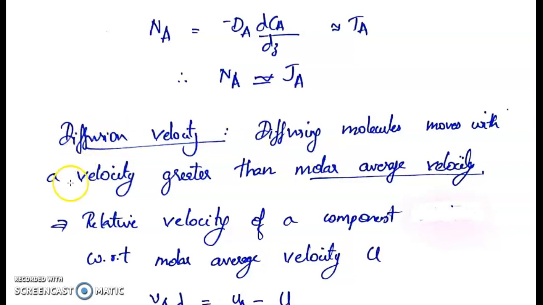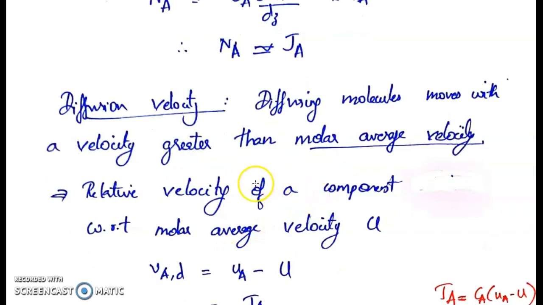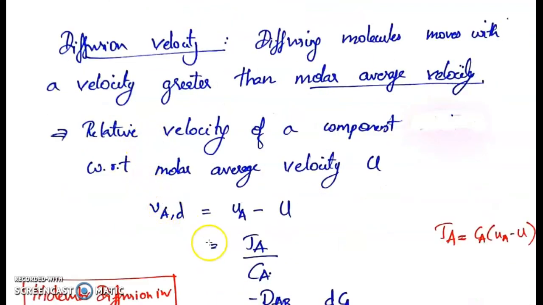So the relative velocity of a component A with respect to molar average velocity U is called diffusion velocity. So this is simply the difference between the velocity of the component and the molar average velocity. So diffusion velocity, that means the velocity at which the molecules are diffusing, is equal to UA minus U.